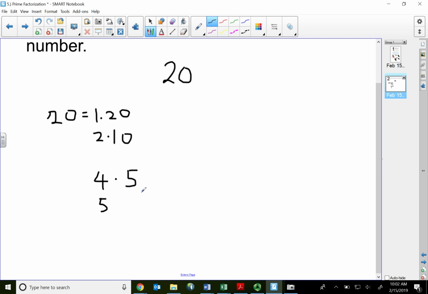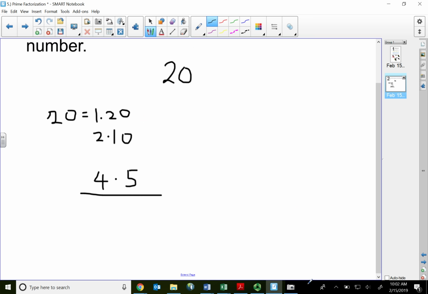Since I already wrote a 5 on the previous line, that means I'm beginning to repeat myself with the factors. When you find yourself repeating the same factor you already wrote, that's how you know that's the end of it. So all the numbers that can go into 20 are 1, 2, 4, 5, 10, and 20 itself.